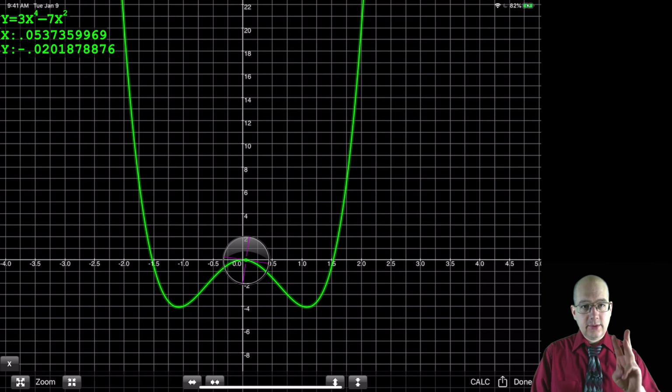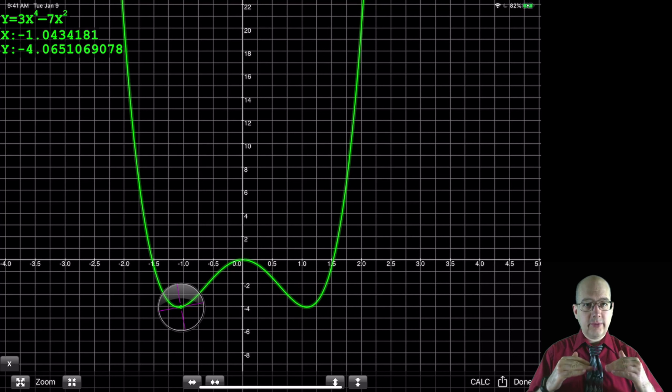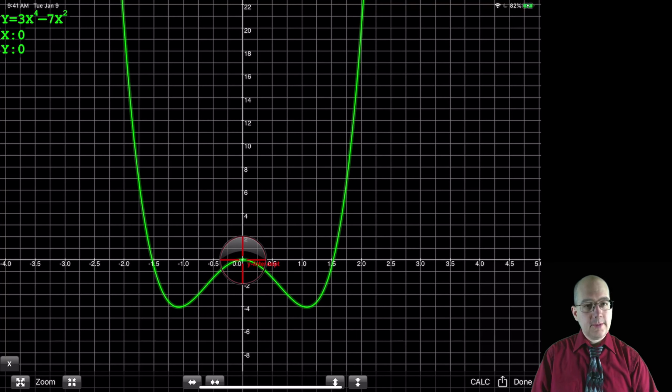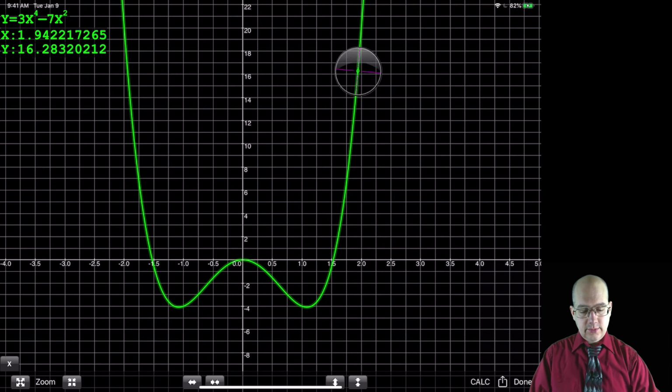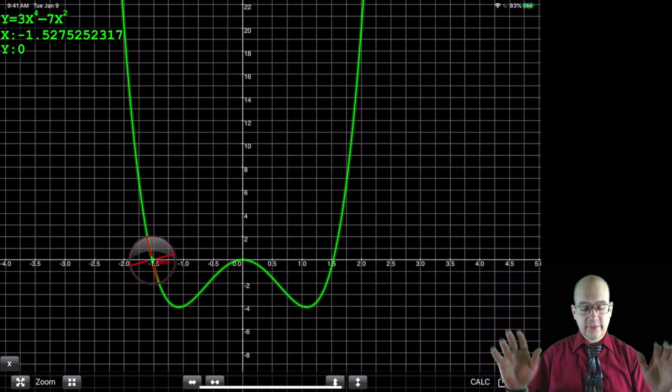It's got 3 extreme points, the local max and local mins, but notice, okay, so here these local mins are actually the lowest point of the function. It never goes below those points. But this local max is not the maximum. There is no maximum of this function. It goes on forever into plus infinity.